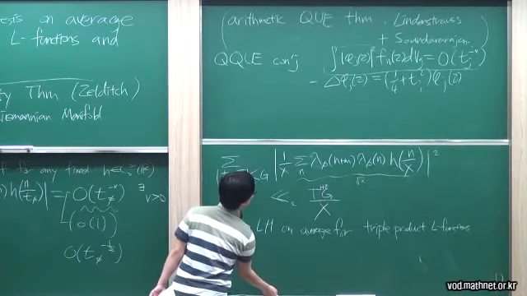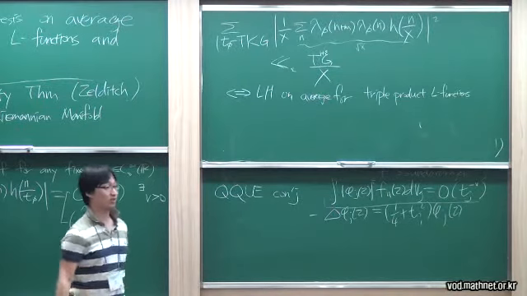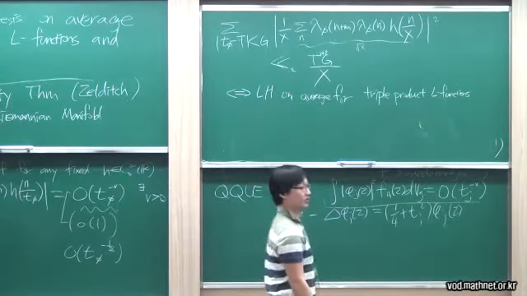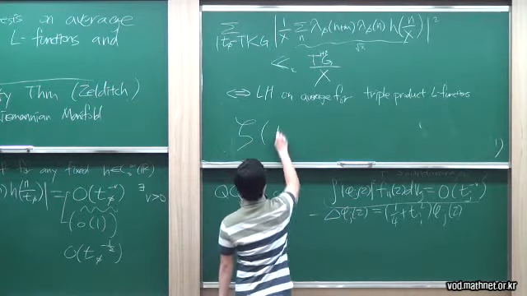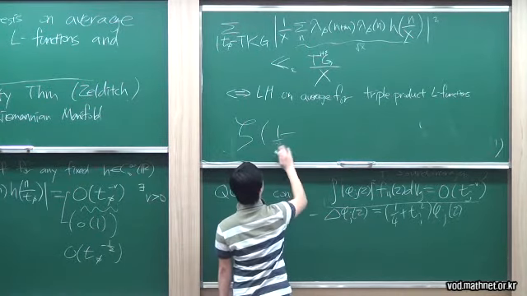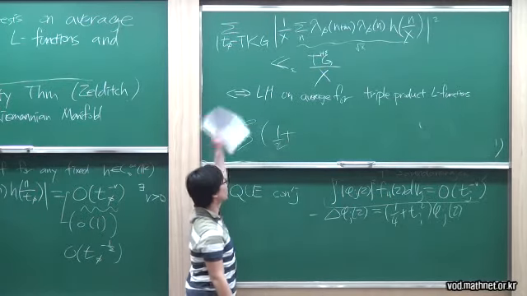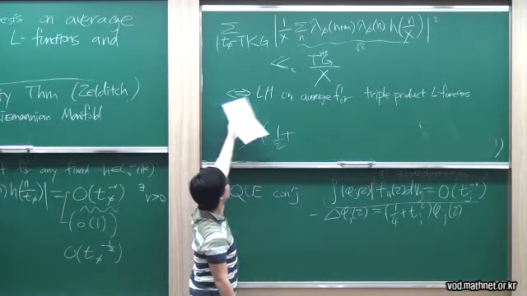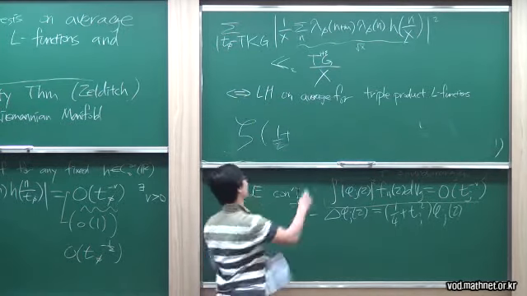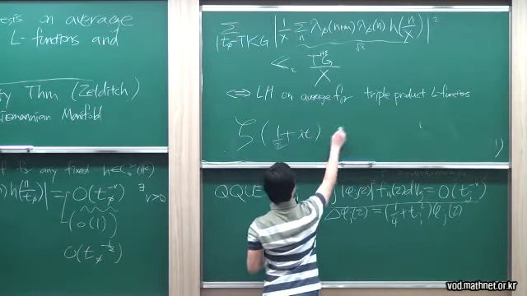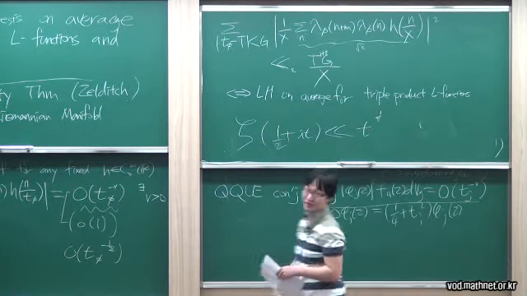Surprisingly, if you can prove this using the trace formula with arbitrarily small g, as in g equals 1, then that implies t to the 1/8.